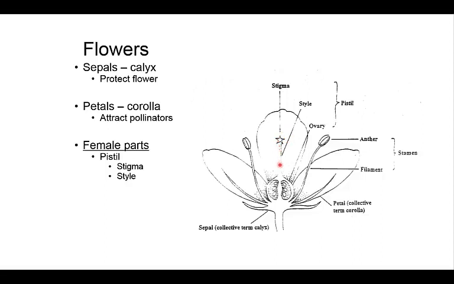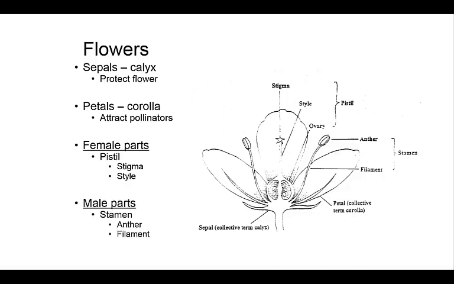Then this supporting structure that holds the stigma up, erect into the wind or for an insect to touch it, that's called the style. And then down at the base of this, we have the ovary. And inside this particular ovary, we can see 1, 2, 3, 4, 5, 6 different ovules in there, or potentially 6 individual seeds.